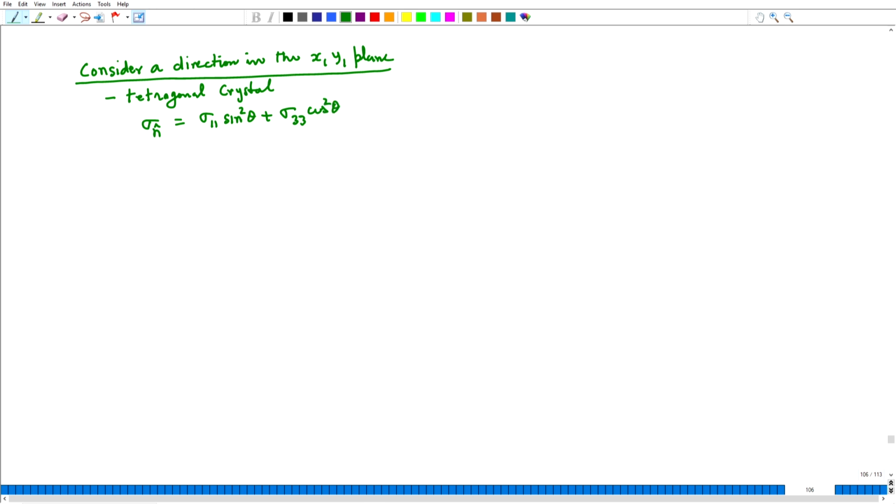When I say x1 x2 plane, this becomes the plane perpendicular to the fourfold axis, or I could also call it the basal plane.